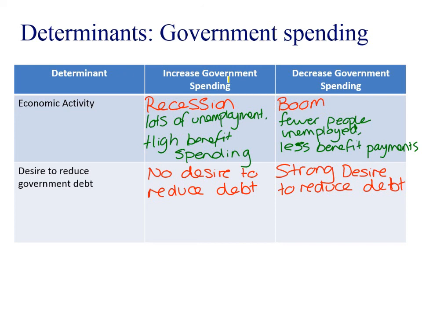But in a recession, because there's usually lots of people unemployed, you usually get high government spending on benefits and such, and usually, not always, you get the government trying to stimulate the economy. Whereas in a boom, you might get fewer benefit payments. These things are automatic stabilisers, but you might get what we call discretionary fiscal policy as well. So the government actually trying to stimulate the economy in a recession and calm it down in a boom.